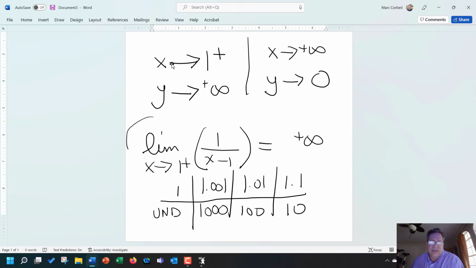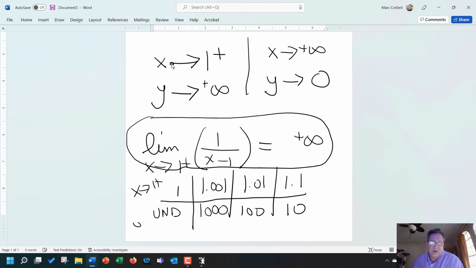So this limit is really just expressing that. This part here on the right, we see that's expressing the y. So as x approaches 1 plus, y approaches plus infinity. So that, in a basic way, is what the limit statement is saying.